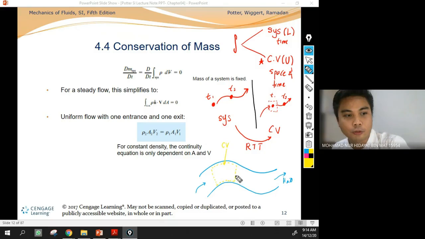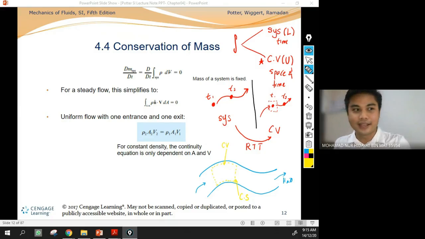So in the control volume, we have another component we call the control surface, CV and CS, right? For the control volume, we define the rate of change in the control volume. For the control surface, we define the flux coming into the system and the flux going out of the system. All right, what is the flux?